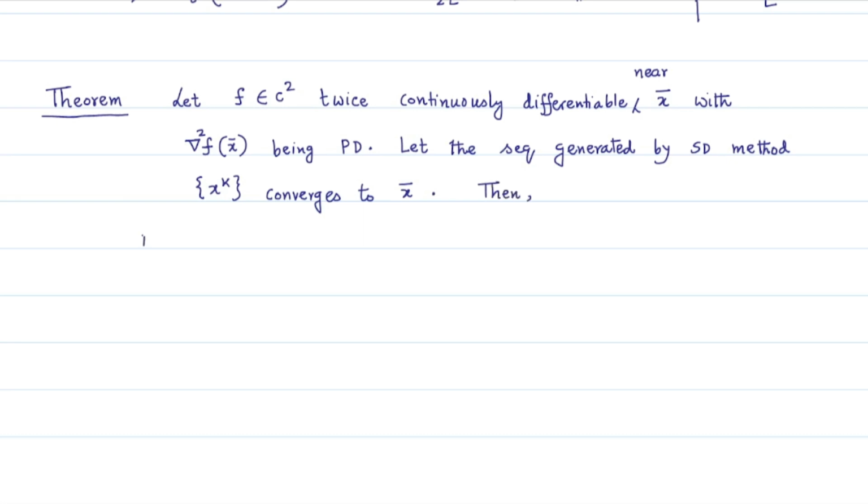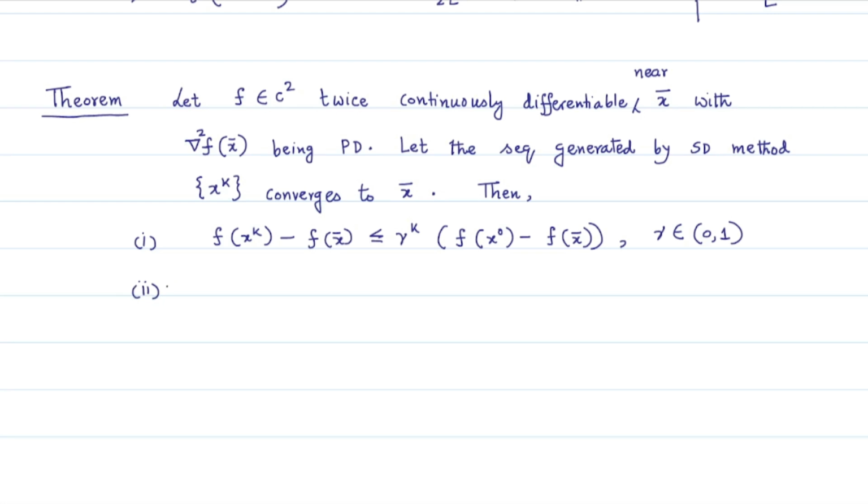Then we can show that f(xk) minus f(x bar) is less than or equal to gamma to the power k into f(x naught) minus f(x bar), where x naught is the initial point to start the steepest descent method, where this gamma is a constant lying between 0 and 1.